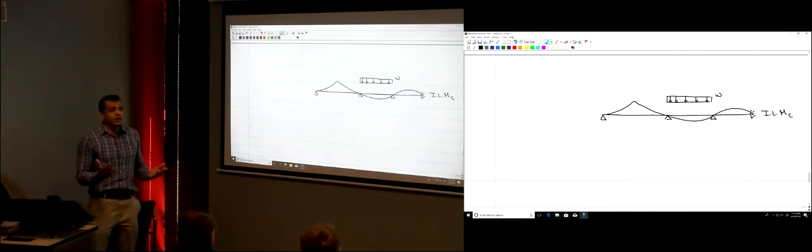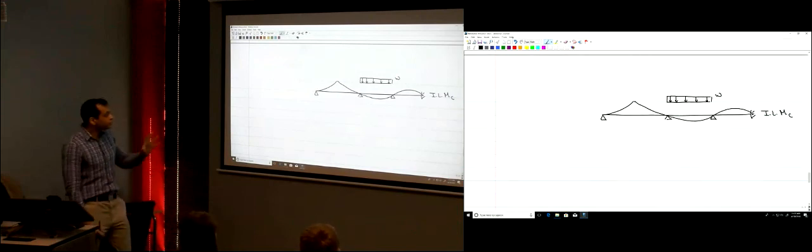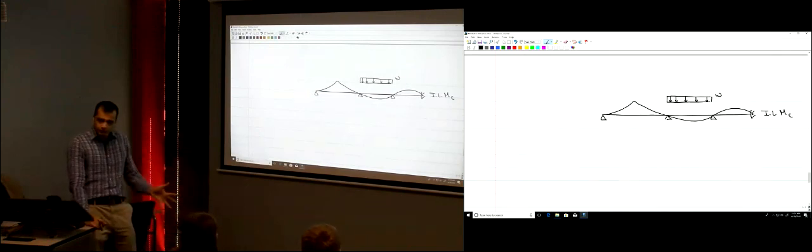To use the definition of the influence line, you need to have a concentrated force. So this uniform load, I cannot deal with it.